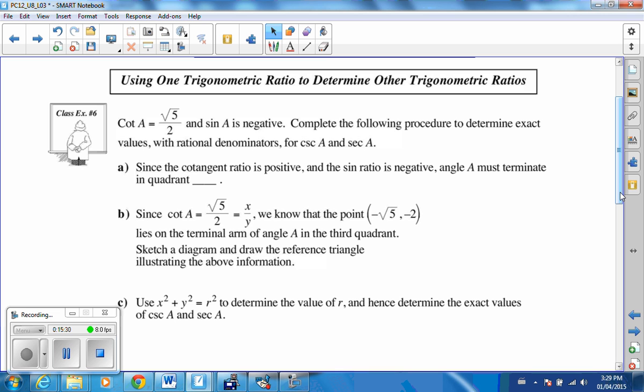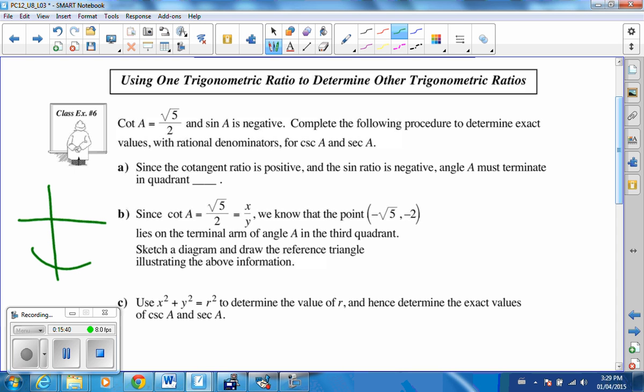So cotan A is root 5 over 2, and sine A is negative. So the first thing I do is find my quadrant. If I'm negative, I'm down here. And if cotan is positive, I'm here or here. So the two places where both of those statements are true is down in quadrant 3. So it must be in quadrant 3.